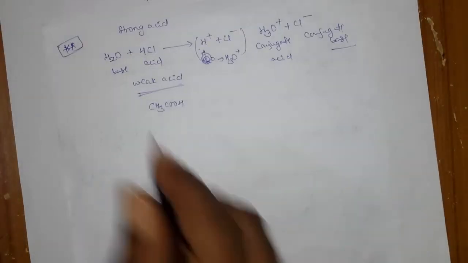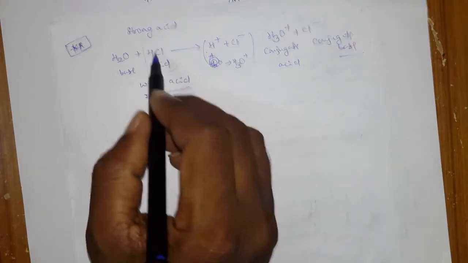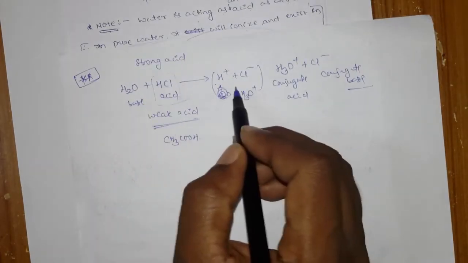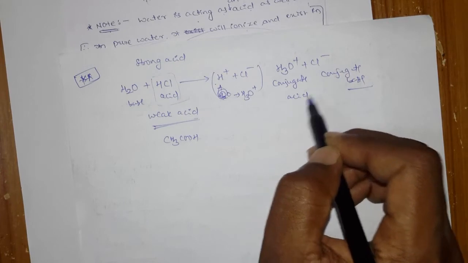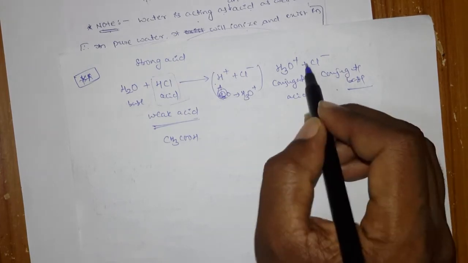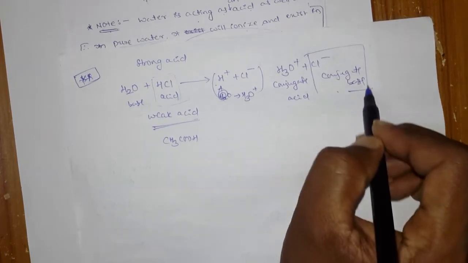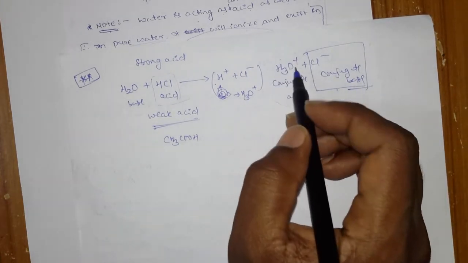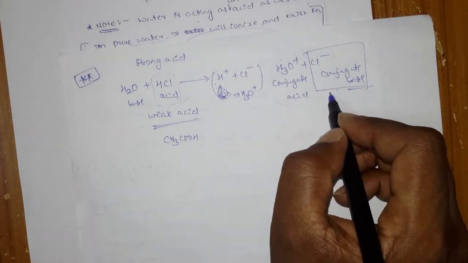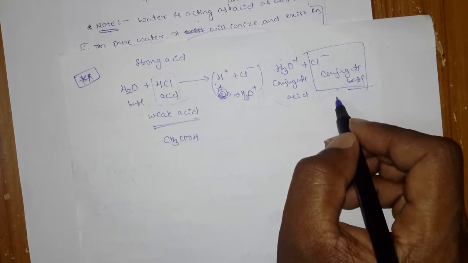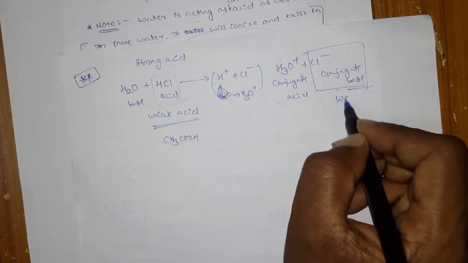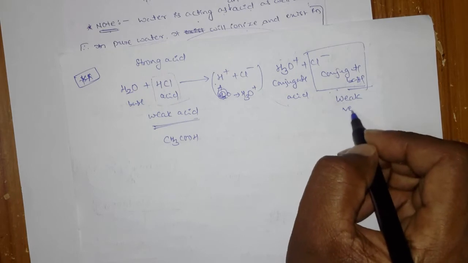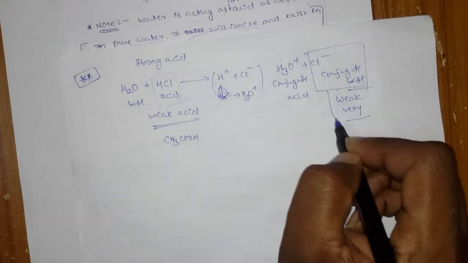That means here this is an acid, and on dissociation it is giving some conjugate acid and conjugate base. So he is talking about this conjugate base. H plus ions are very reactive, but whatever the Cl minus, is it reactive? No, these conjugate bases are very weak.